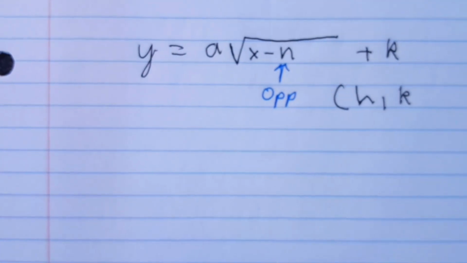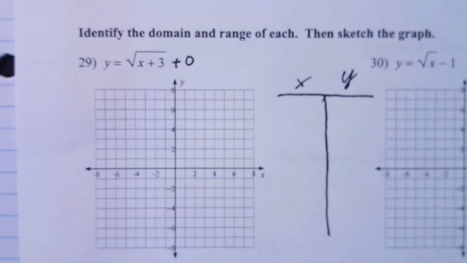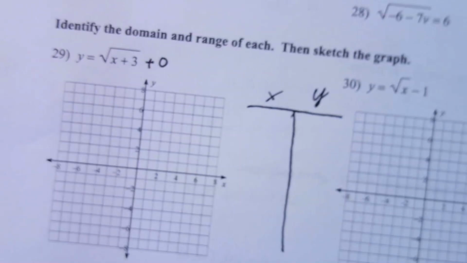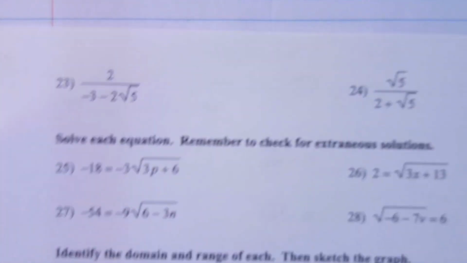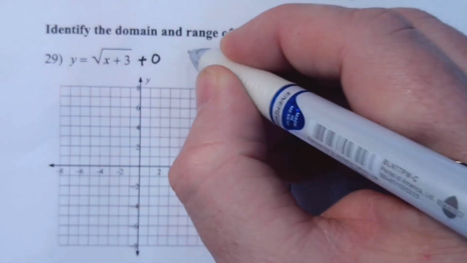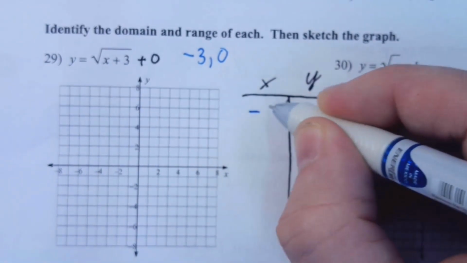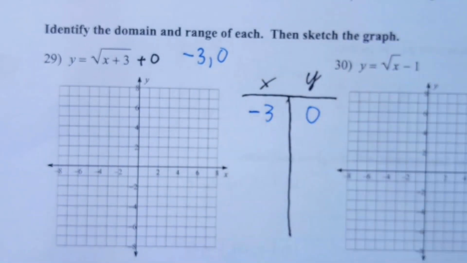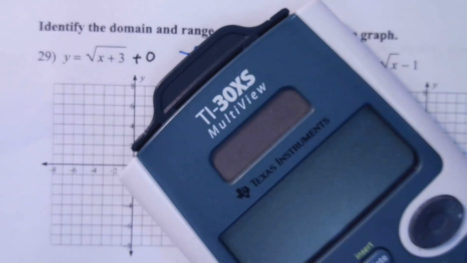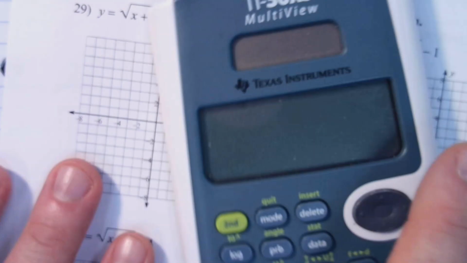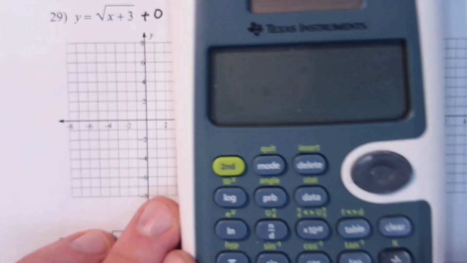So back to the problem. I'm looking at here. I believe that the starting point is going to be negative 3, 0. So that means my first thing should be x is negative 3 and y is 0. We can test that out to make sure that I'm right. I'm going to do it manually first, and then I'll show you the table again.